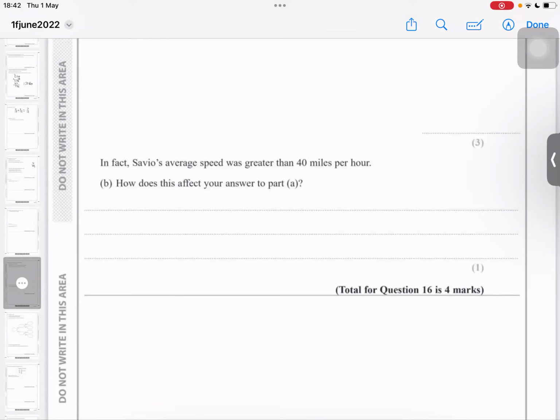It says, in fact, Savio's average speed was greater than 40 miles per hour. How does this affect your answer to part A? Let's just remind ourselves of the formula that we used back then: speed equals distance over time.